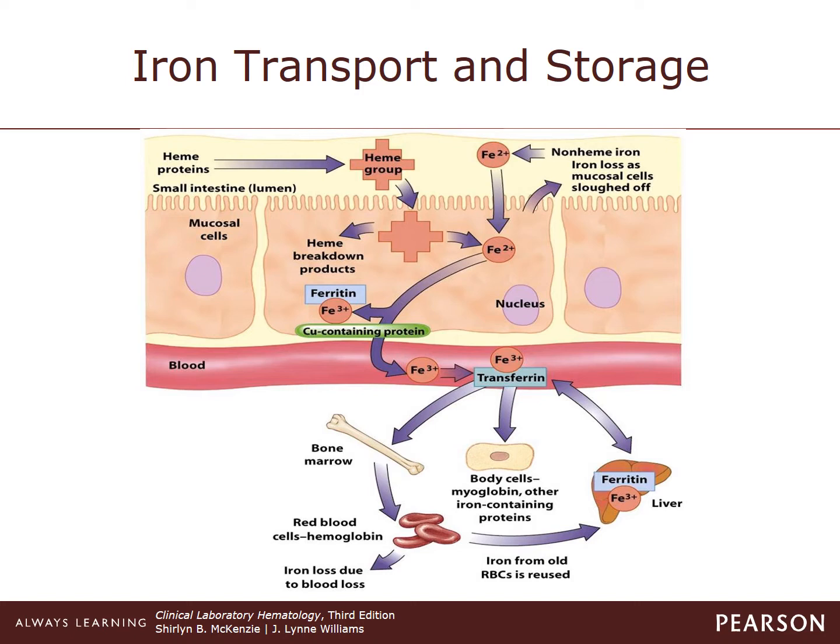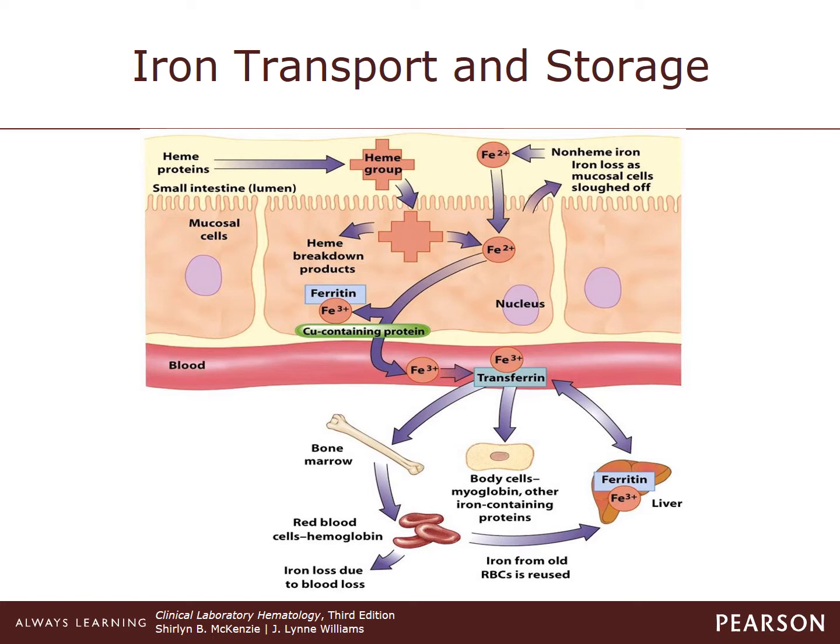Total iron binding capacity measures the total amount of iron that can be bound by proteins in the blood. Since transferrin is the primary iron binding protein, the TIBC test is a good indirect measurement of transferrin availability, meaning the amount of transferrin that is able to bind to iron.